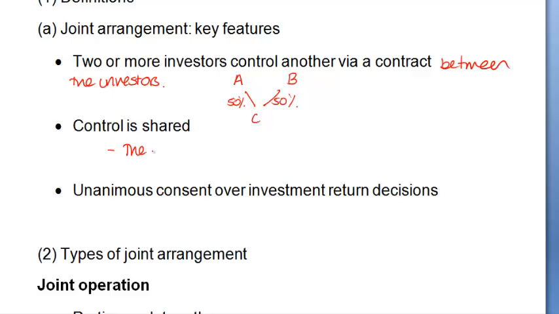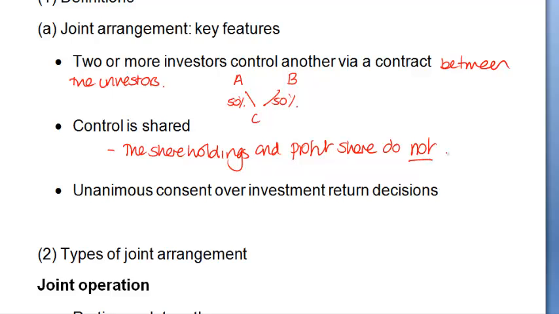However, the shareholdings and profit share do not have to be equal. And we need unanimous consent over investment return decisions.